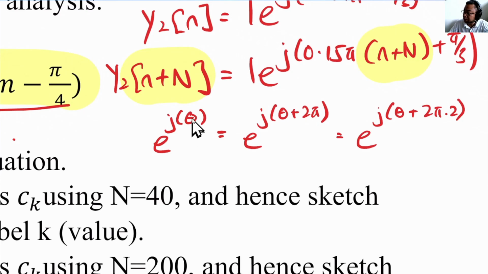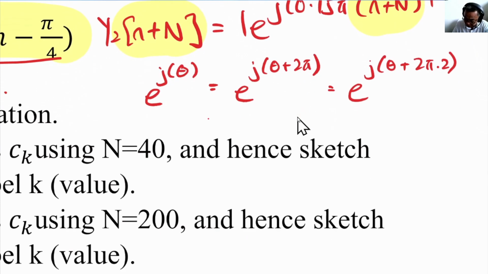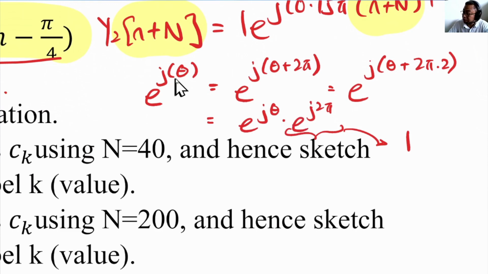That means the theta can be from 0 to 2 pi, but when we add 2 pi to it, then it is the same. Why is this so? It's because e^(j2 pi) is of course 1, and therefore e^(j theta) is equal to e^(j(theta plus 2 pi)) or plus 4 pi, doesn't matter.